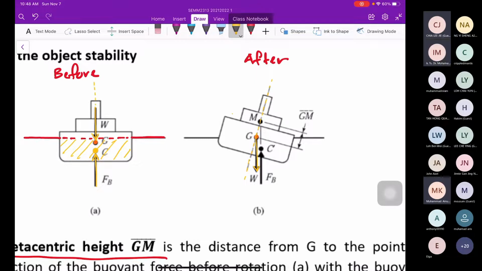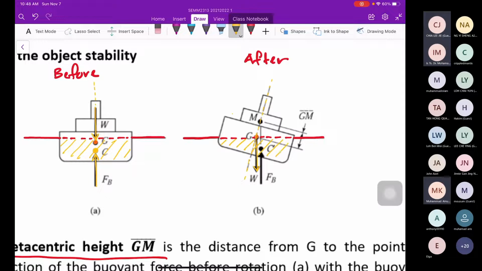However, if we rotate, the displaced volume will be different now. You can see this is water, this is displaced, so the displaced volume becomes like this.